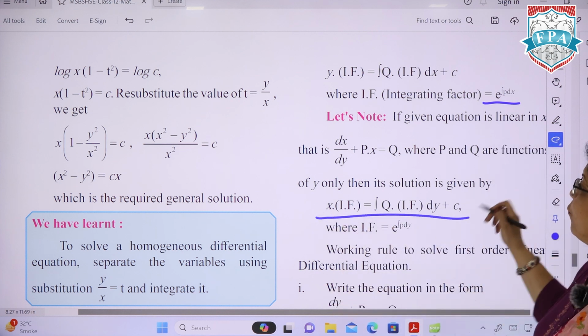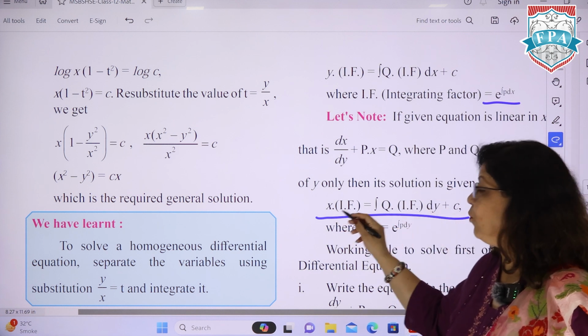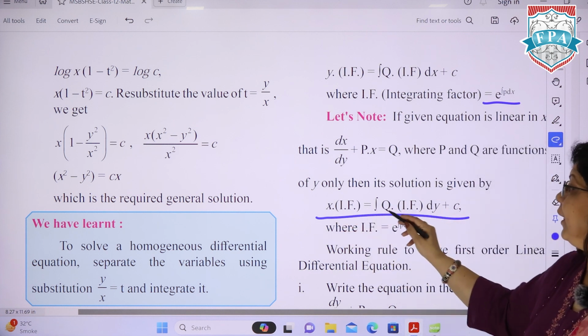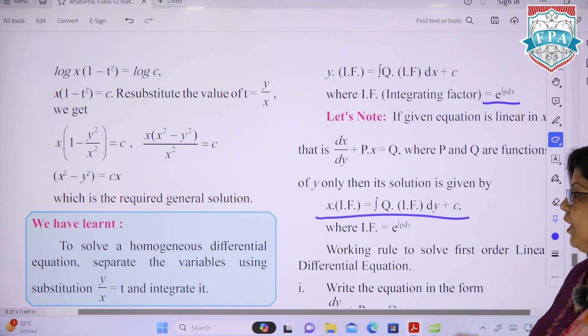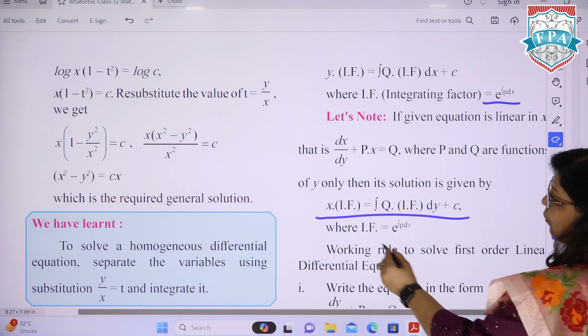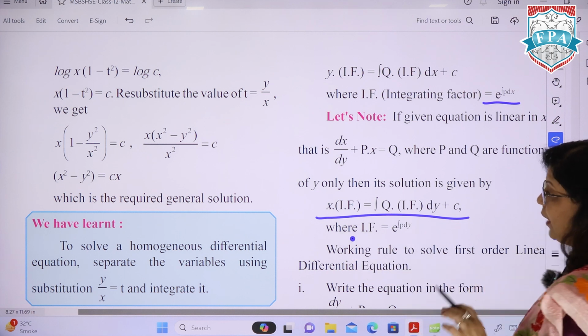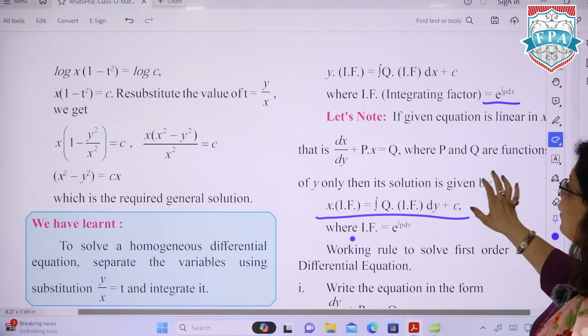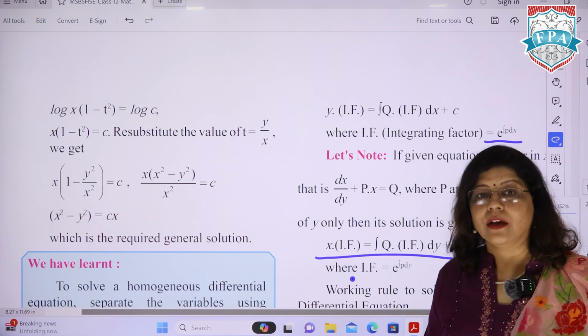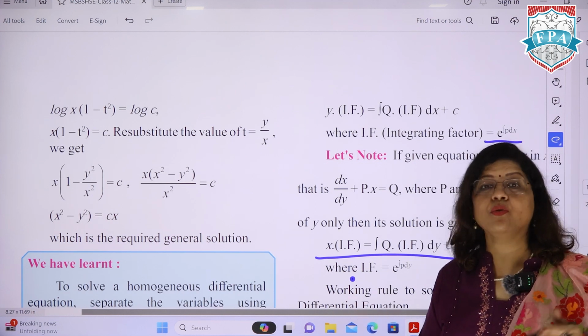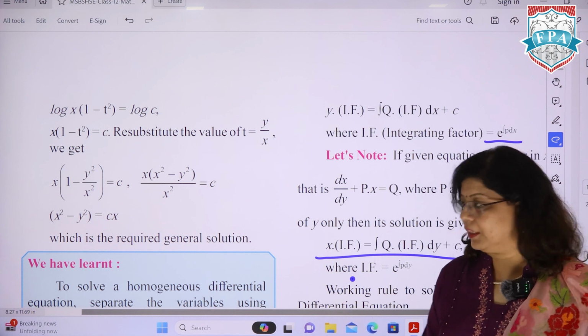So the solution for this equation becomes y into integrating factor is equal to integral q into integrating factor dx plus c. Once you get this, you can easily substitute or solve the given equation at the end.